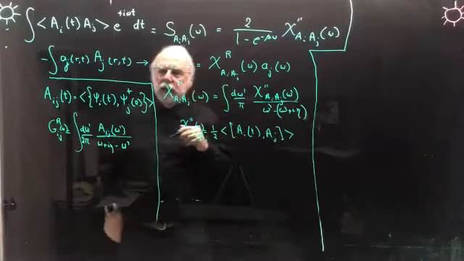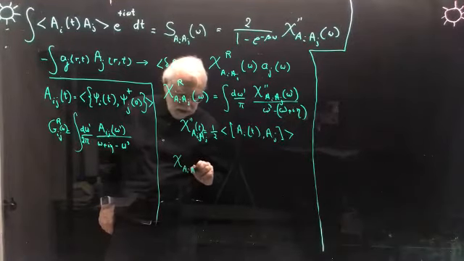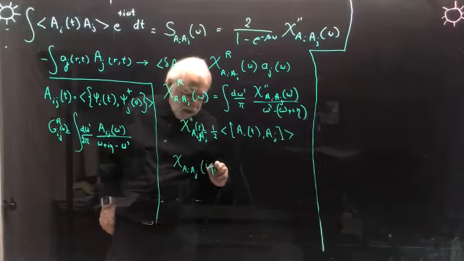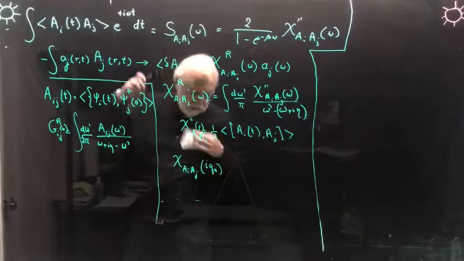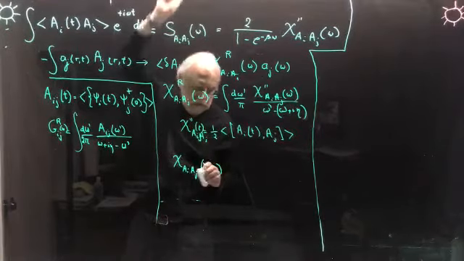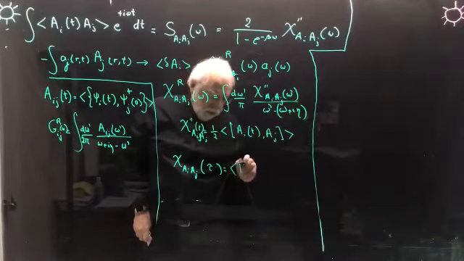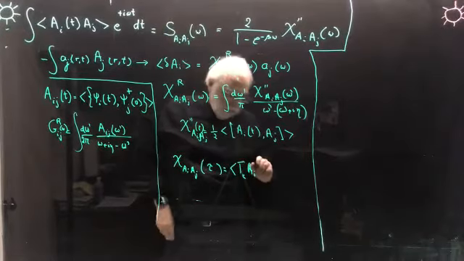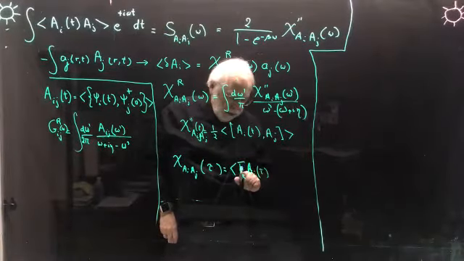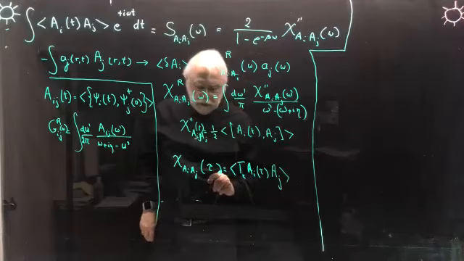In other words, we can define a chi_AiAj of iq_n, to begin with, in terms of tau, as the time-ordered product of A_i of tau and A_j. And the time-ordered product comes here because if you look at the interaction representation, the time-ordered product occurs very naturally. It's very natural to express it like this.